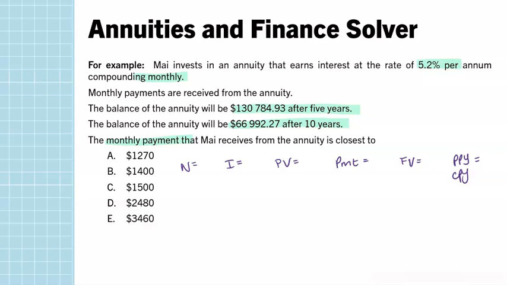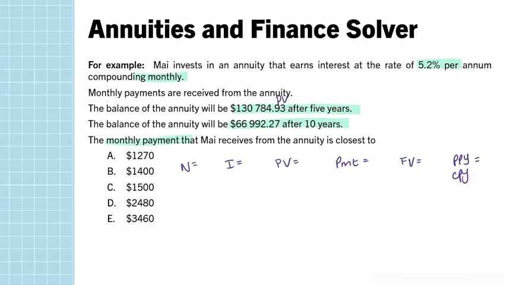So in this case, we don't know how much she invested to begin with, but we know the first value we are given is that 5-year balance. So we can say that my principal value, or my starting point, will be the 130,784.93.